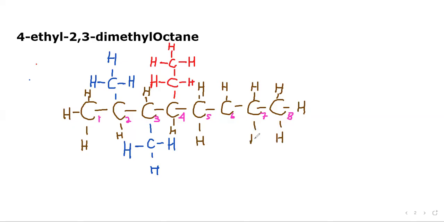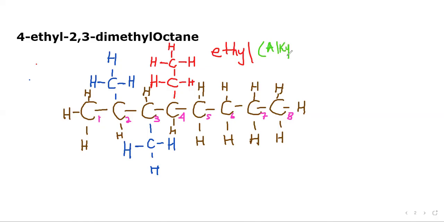One thing you need to understand is that you always look at the ethyl group for this structural formula. The ethyl group here is represented by the red. But we know that this ethyl group is categorized as an alkyl group.